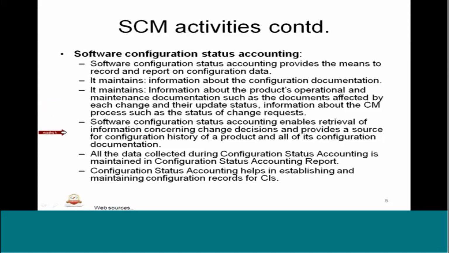Software configuration status accounting enables retrieval of information concerning change decisions and provides a source for the configuration history of a product and all of its configuration documentation. All the data collected during configuration status accounting is maintained in the configuration status accounting report, also called SCAR. Configuration status accounting helps in establishing and maintaining configuration records for the configuration items.